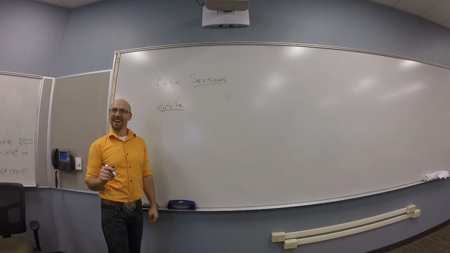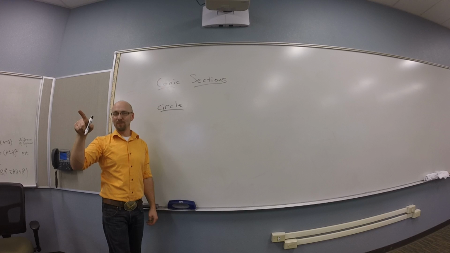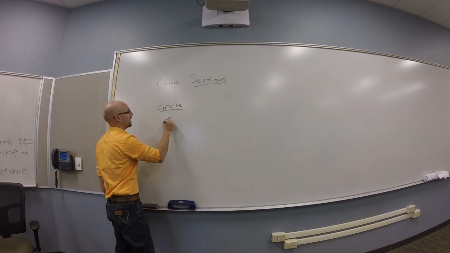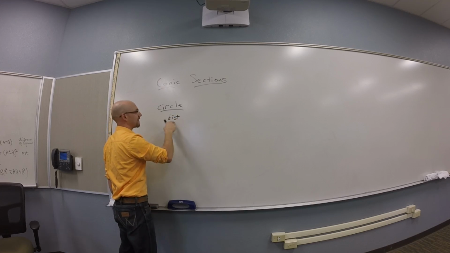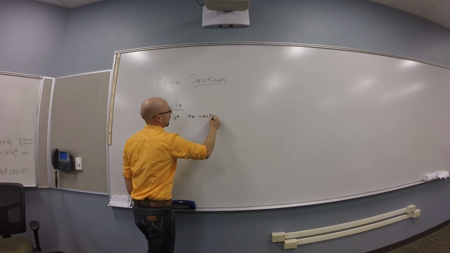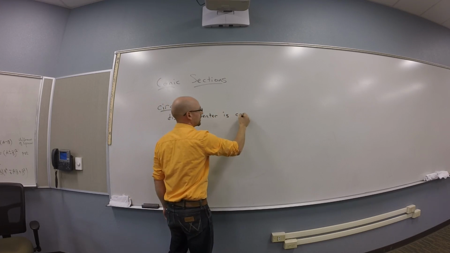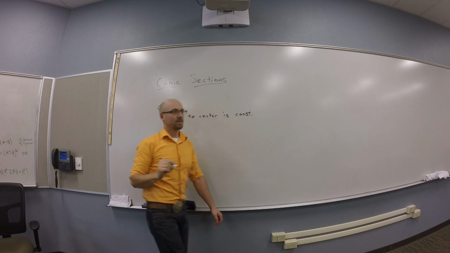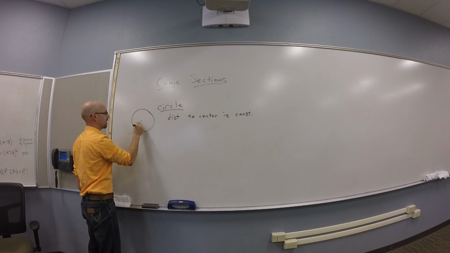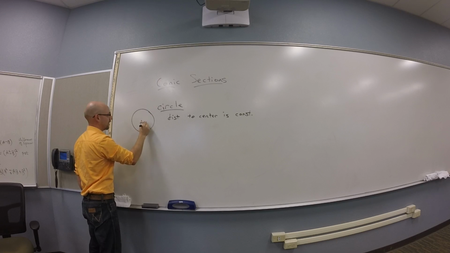One focal point. Okay, there's one focal point, which we normally call the center. And this is just the things where the distance to center is constant. Cool? So that looks like this, right? There's a center, and then there's a radius.